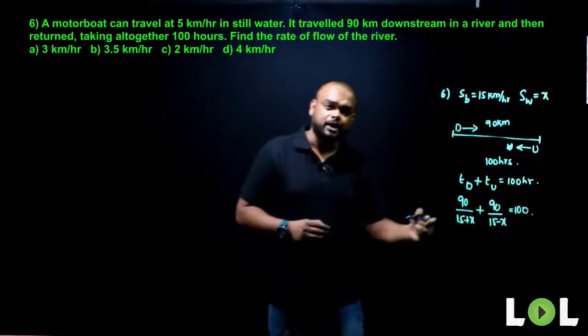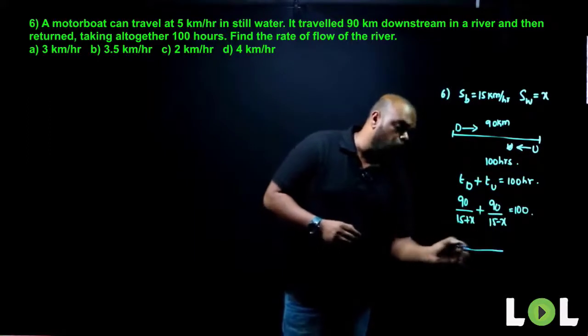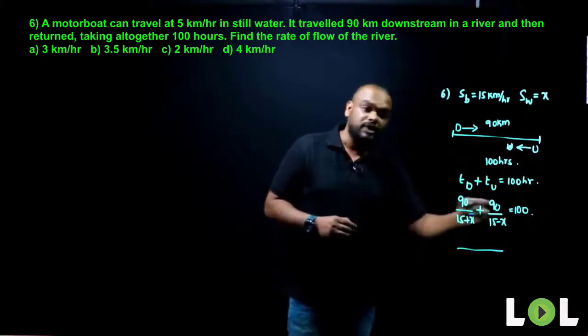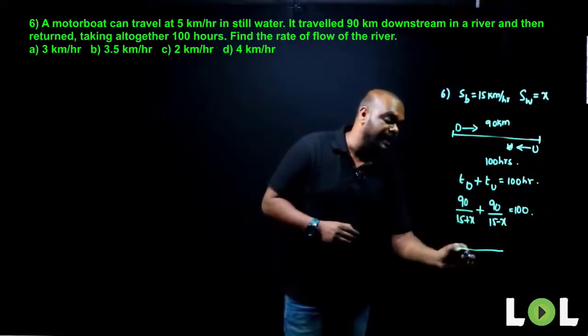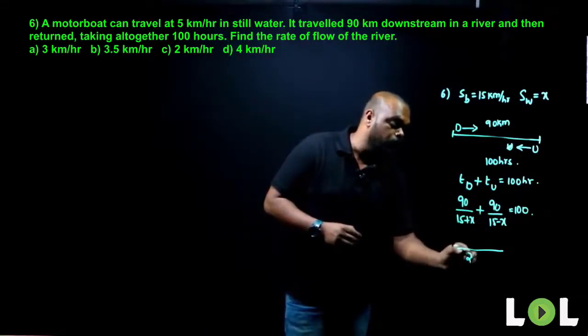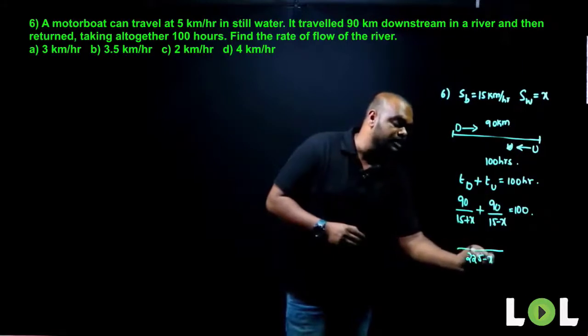Again a very similar equation. In the denominator we get 15 plus X into 15 minus X, that is A plus B into A minus B, A square minus B square. So 15 square is 225, minus X square.